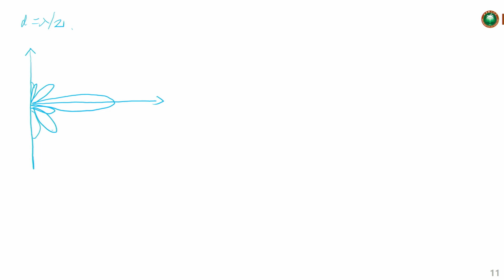Okay, this is d over half lambda. When we increase it, so d equals 3 lambda over 2, the radiation pattern becomes much more complicated. Like this one.